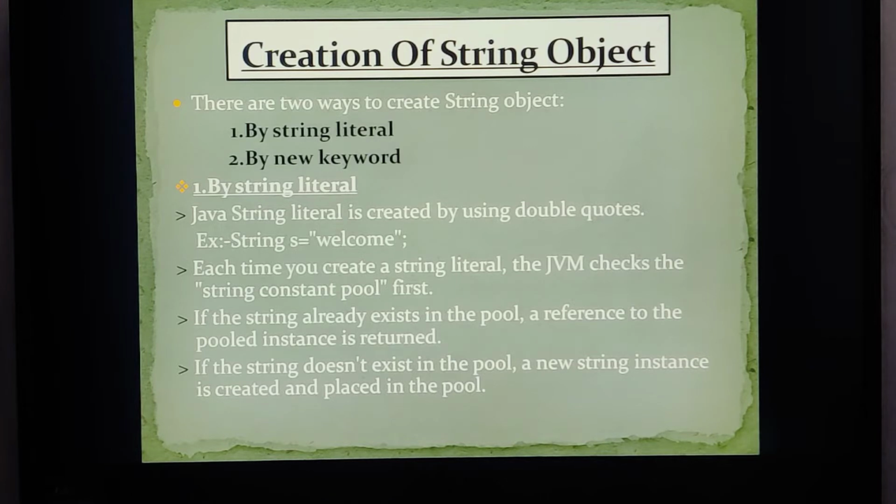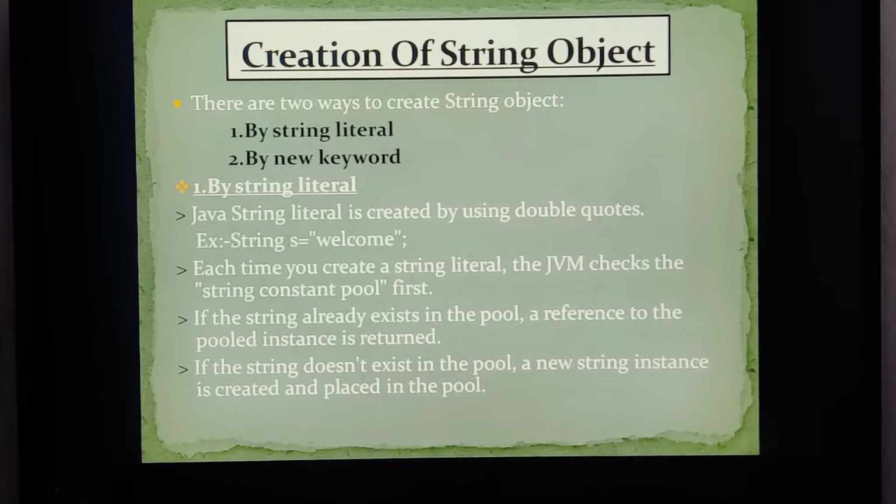Each time you create a string literal, the JVM checks for the object first in the string constant pool. The string constant pool is a memory area we will discuss later.